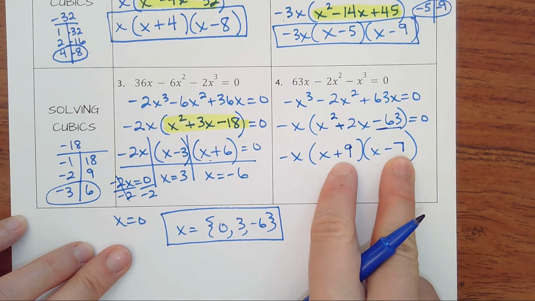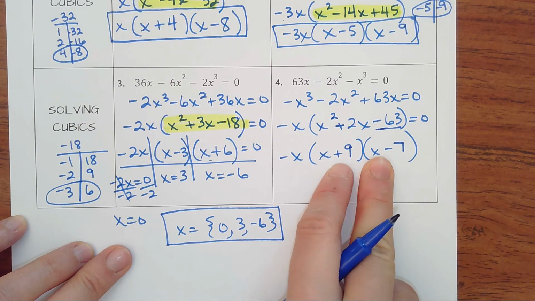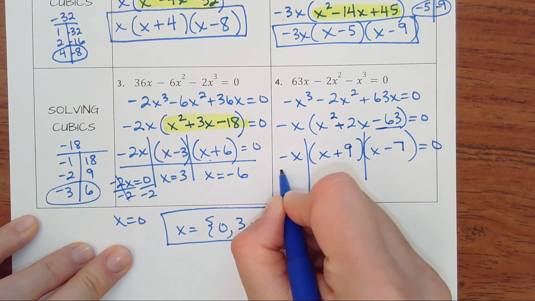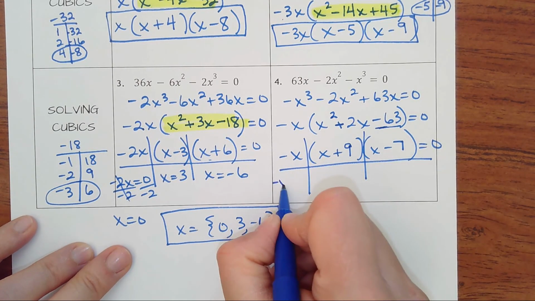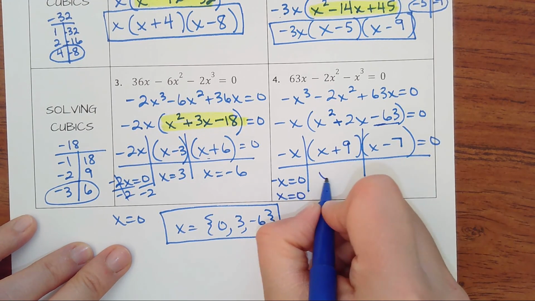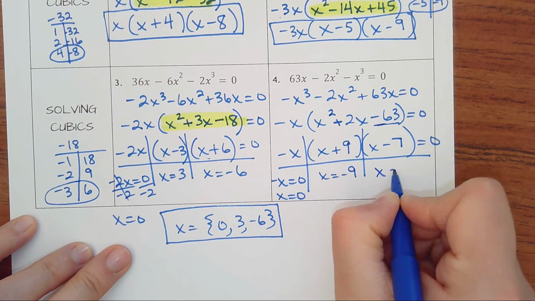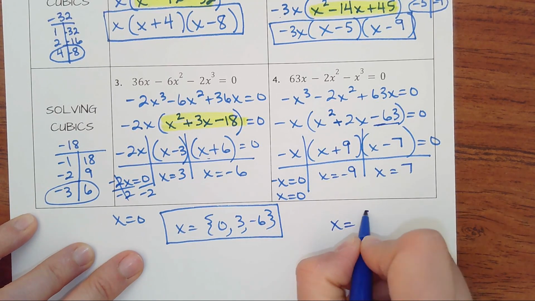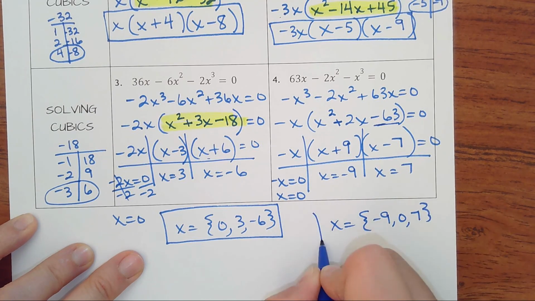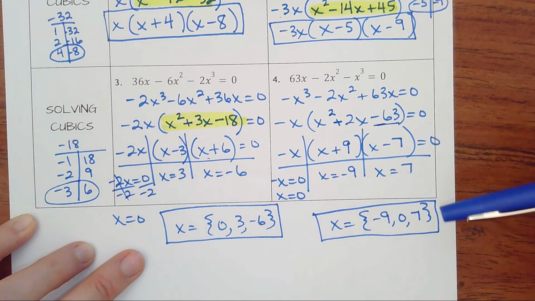So see how that would make negative 63, and then I'd have 9x minus 7x is 2x. That works perfect. Now I'll take it a step further and actually solve. Negative x equals 0. I could divide by negative 1, but I know that's just 0. This would be negative 9, and this would be 7. That's how I put them in order, but again, it does not matter. And that's it.